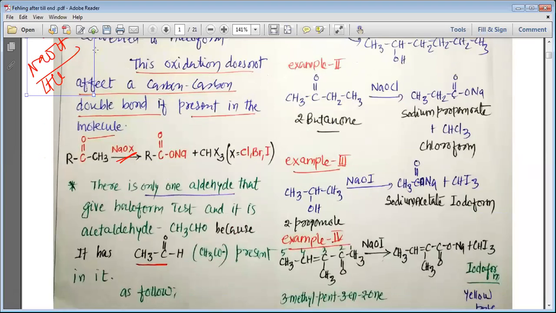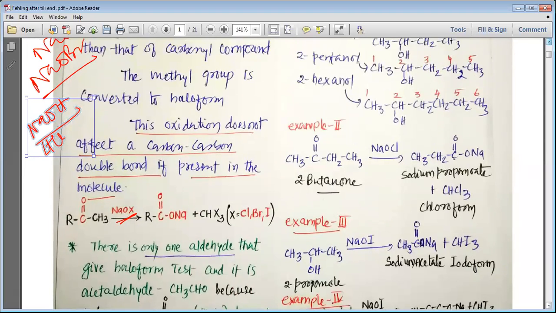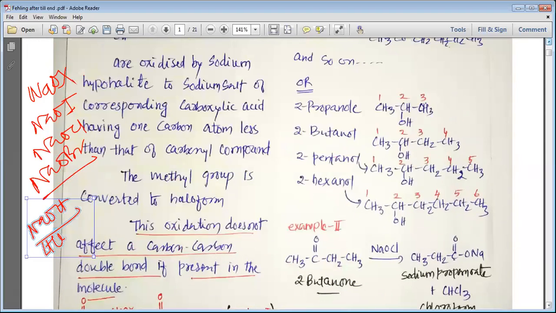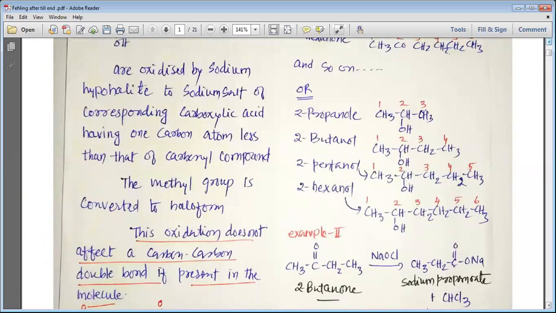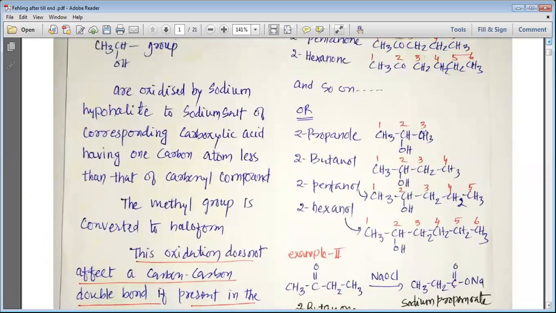NaOX is known as sodium hypohalite. It may be NaOCl, NaOBr, or NaOI. Generally, this reaction takes place in this manner. So let us move forward.